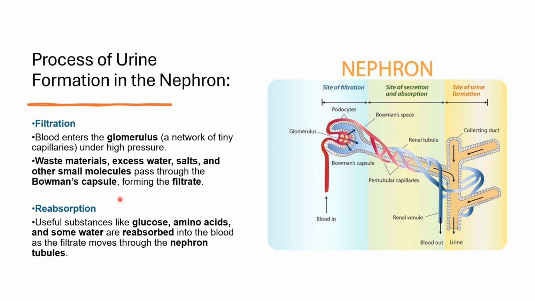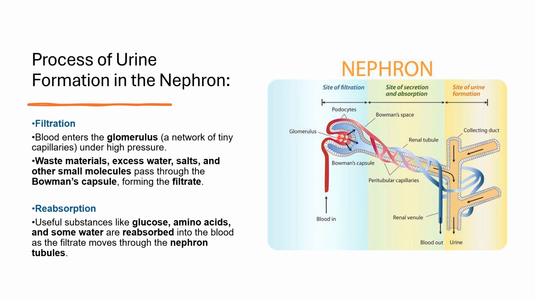The next step in the process is reabsorption. While the filtrate passes through the nephron tubule, useful substances like glucose, amino acids, and some water are reabsorbed into the blood as the filtrate moves down.